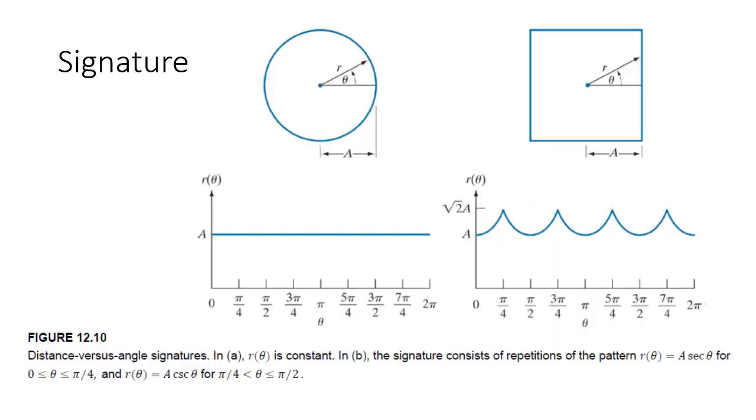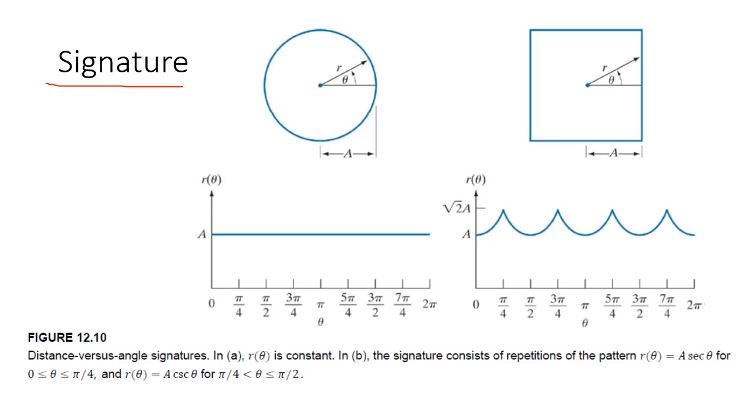Okay, the next feature is what is known as a signature. One way to obtain a signature of an object is by plotting a function of the distance between the center of the object and the boundary.